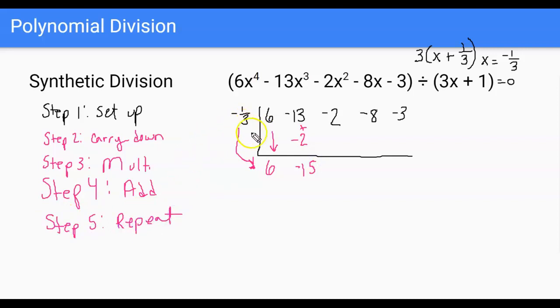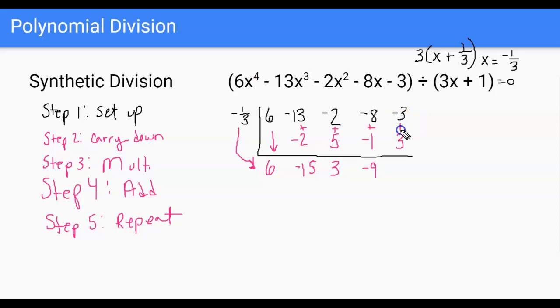So I'm going to do negative 1/3 times negative 15. Negative times negative is positive, and 1/3 times 15 is 5. So I'm going to add negative 2 and 5 and get 3. Negative 1/3 times 3 is negative 1. Negative 8 plus negative 1 is negative 9. And negative 1/3 times negative 9 is going to be positive 3.